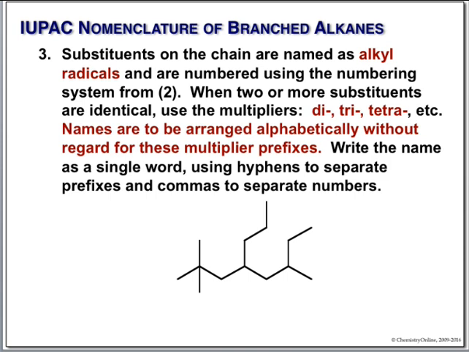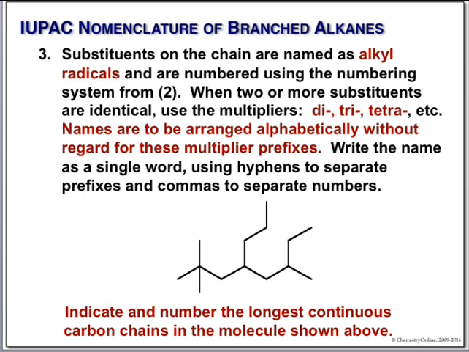And step 1, let's find the longest continuous chain with the greatest number of substituents. As I see it, we could do something like 1, 2, 3, 4, 5, 6, 7, 8 carbons in a row.